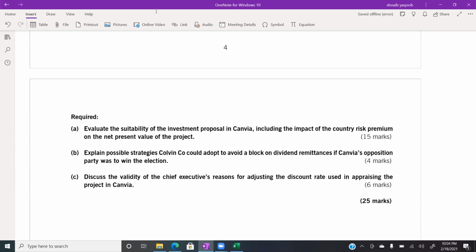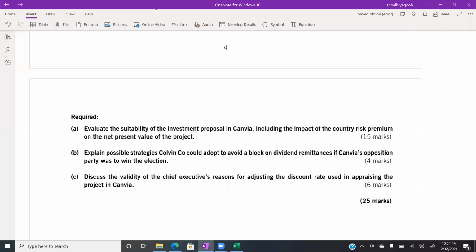In case of APV, normally financial risk will be different. Subsidized debt will be given, issuance cost will be given. So it is very easy to identify the APV question. If there is no sign of APV given, that means we have to evaluate the project using the NPV method.